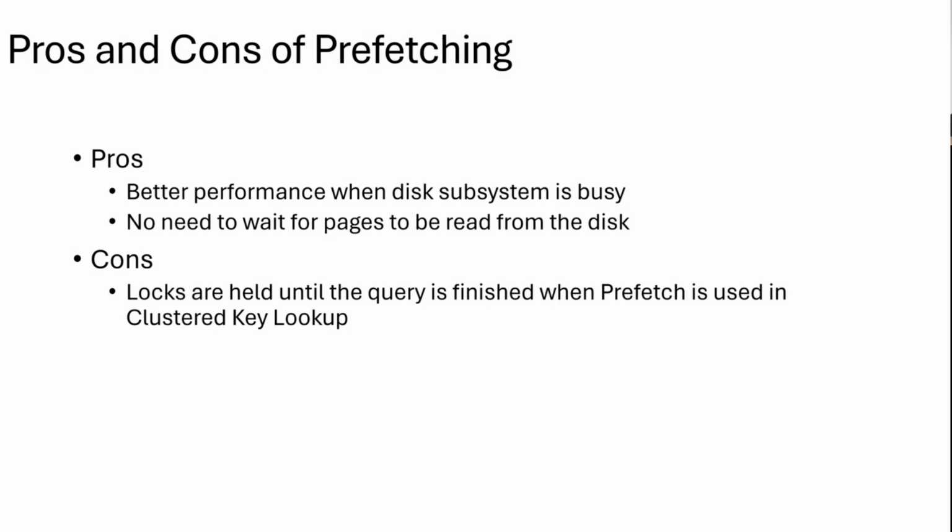But when prefetch is used in a key lookup, so we have to find the other columns from the non-clustered index, and we are doing a key lookup into the clustered index, then prefetch uses shared locks, and these shared locks are held until the end of the query.